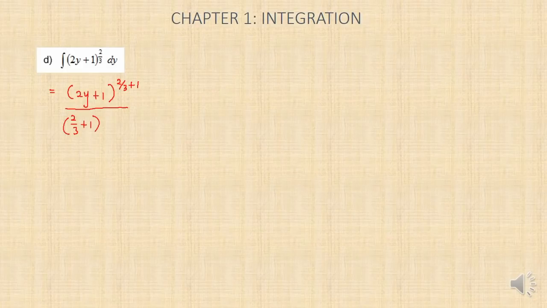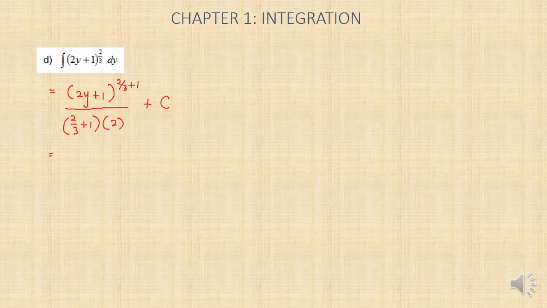And for a polynomial, we have to multiply with the differentiation of 2y plus 1, which is 2. Okay, and don't forget, after we do an integral, we have to put plus c for an indefinite integral.